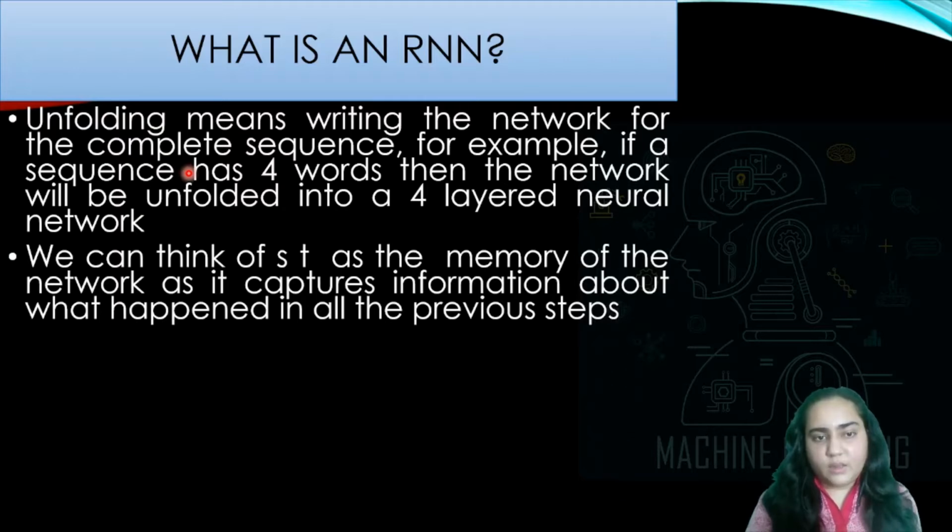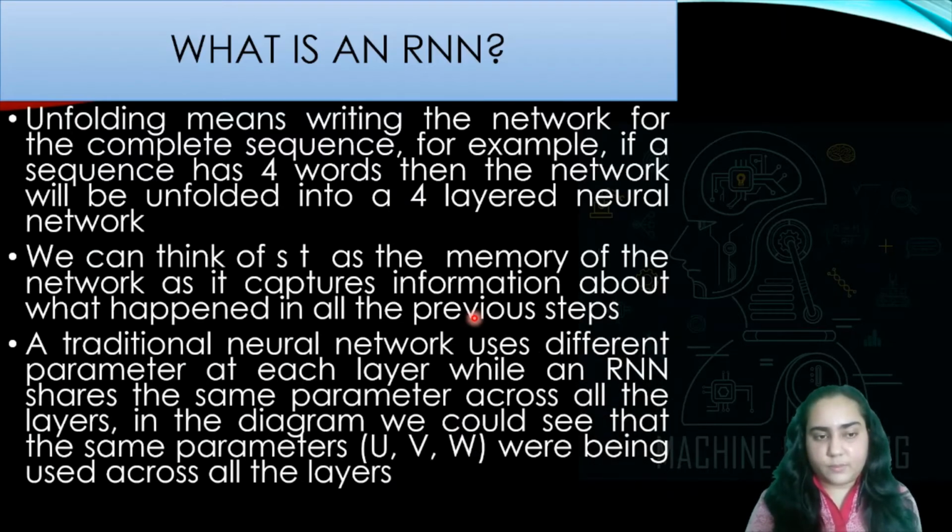And you can think of ST, which we saw, as the memory of the network, which captures information about what happened in all the previous steps. So we know there's a hidden layer in between. It can be more than one hidden layer. If you have a lot of hidden layers, then all those hidden layers capture information about what happened in the previous steps.